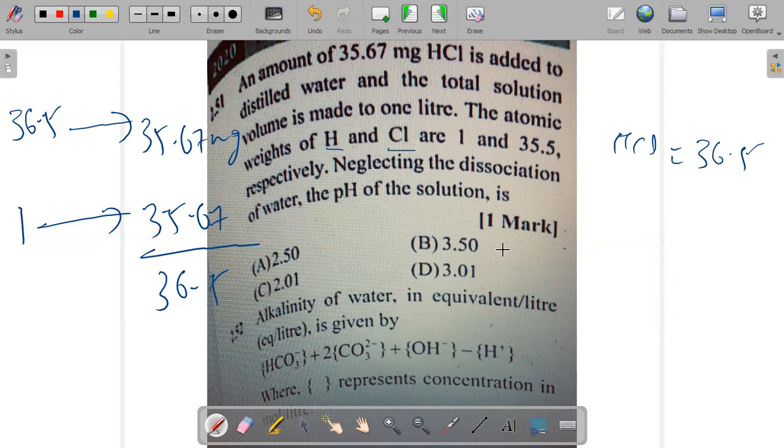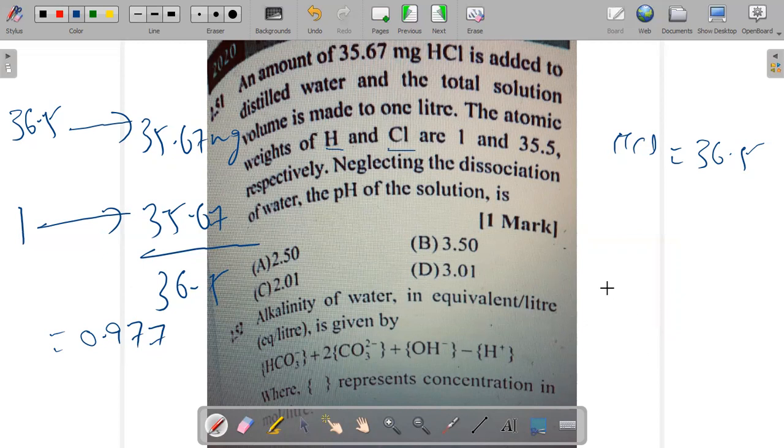We need to calculate this, that 35.67 divided by 36.5, we'll get a value of 0.977, and we need to find its pH.